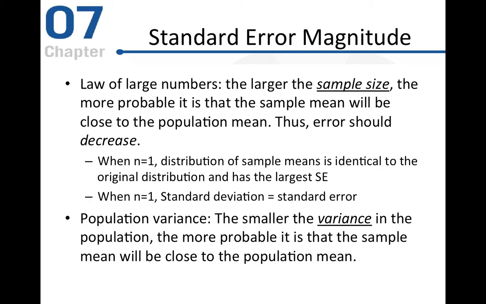So you could be asked a question such as: standard error for a distribution increased, what might be a reason for this? Well, if the standard error increased, a reason might be that your sample size decreased. Okay?